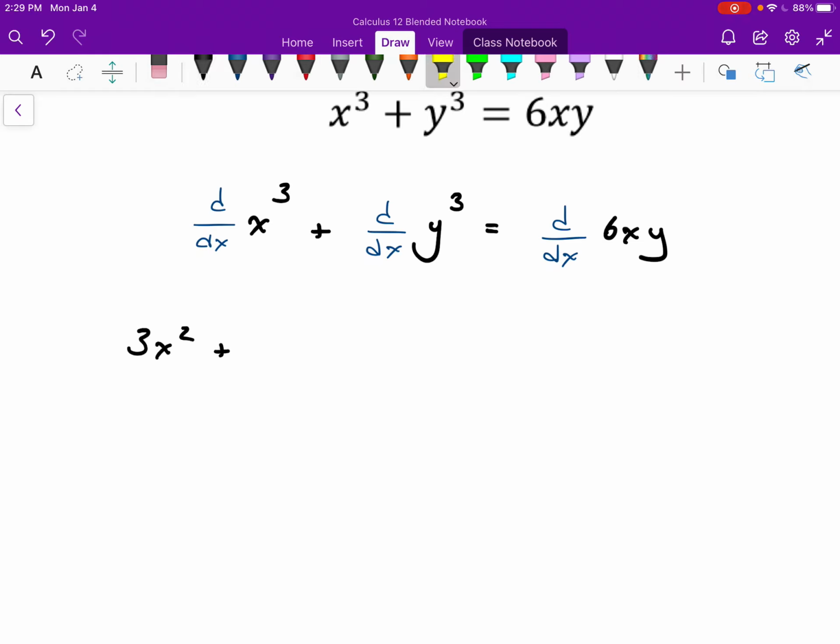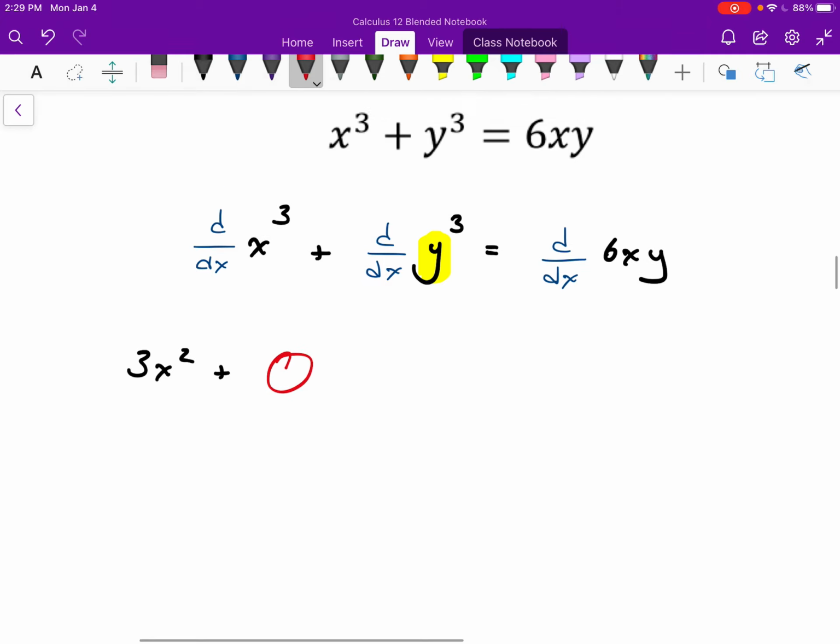Okay, next, that y there is a function of x, very similar to what we did before. Again, if y and x were not related, this would be a 0. The derivative of y cubed with respect to x would be 0 because it's a different variable. Essentially, y is a constant. But again, like I keep saying, x and y are not unrelated to one another. They're related to each other with this equation.